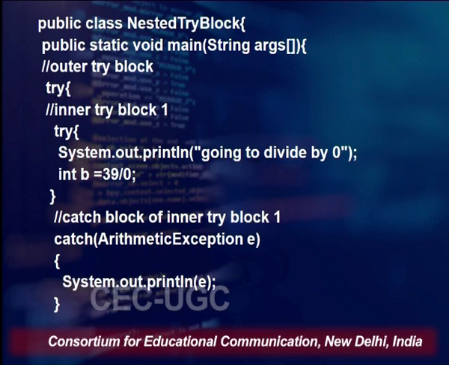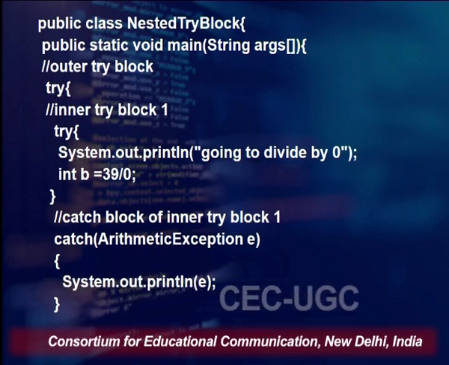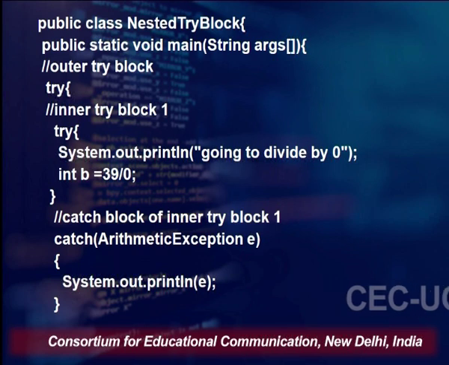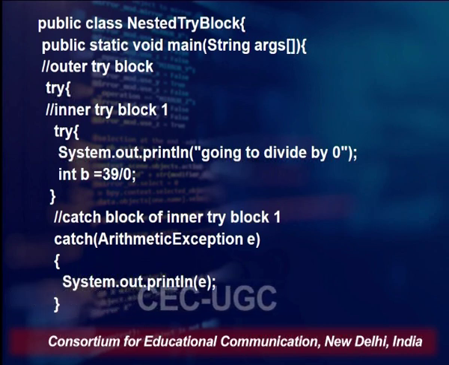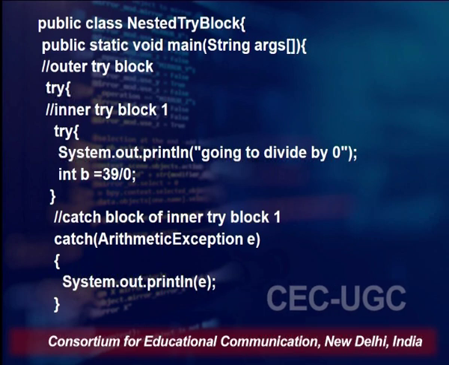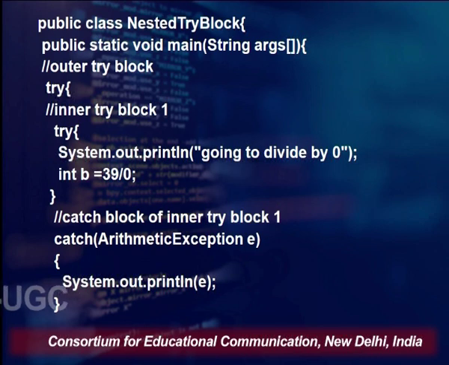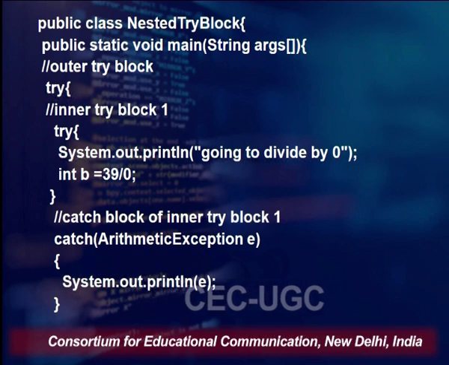Then we have the catch of the inner try block. So, here we have two try blocks, one placed within the other, and the internal try block is throwing an exception, which is obviously a divide by 0 exception, as we can see in the statement int b = 39/0.